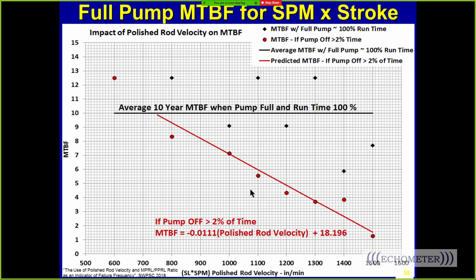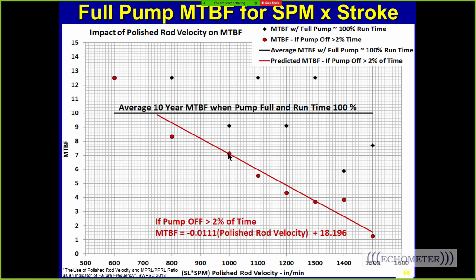This is a plot of the 6,000 wells data, and this is the life, mean time between failure. This is a correlating parameter of the stroke length times the strokes per minute. If you look at, let's say, a 100-inch stroke length and 10 strokes a minute, that would be that line right there.